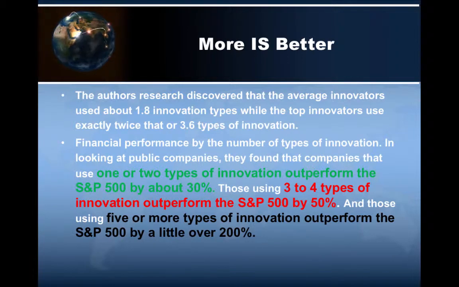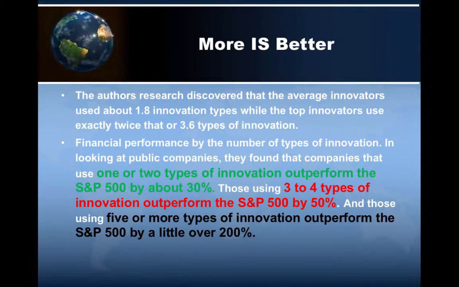Financial performance by the number of types of innovation was startling. In looking at public companies, they found that companies that use 1 or 2 types of innovation outperform the S&P 500 by 30%. Not bad. Those using 3 to 4 types of innovation outperform the S&P by 50%.